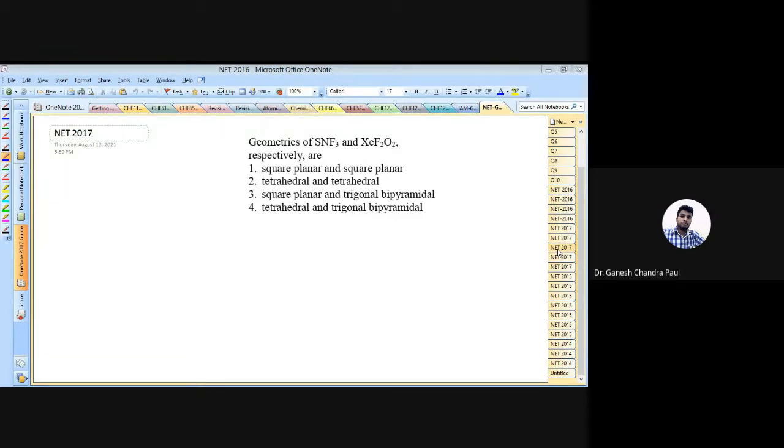What is the answer? First you consider this one, XeF2O2. It is xenon. You place two fluorine atoms in the axial positions and two oxygens in the equatorial positions, and one lone pair will be present like this. This is the structure, right?